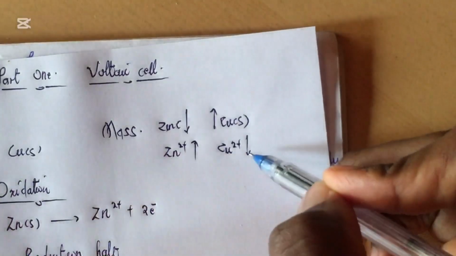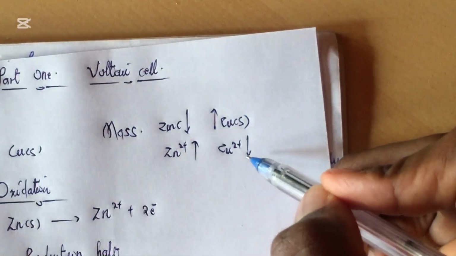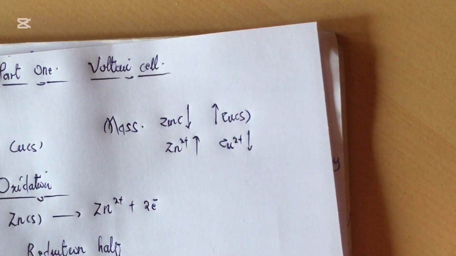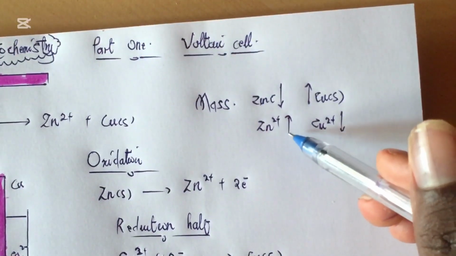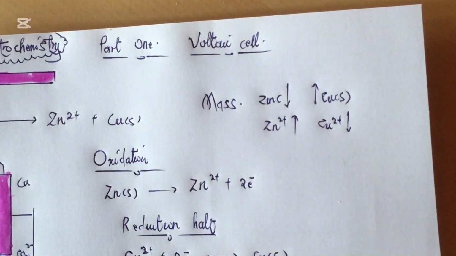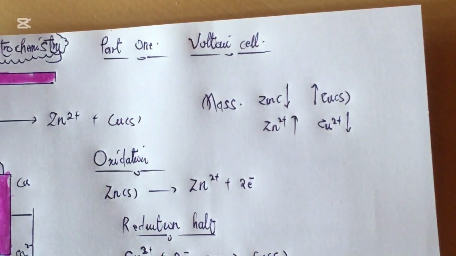So if this is the ion that is making the solution more violet, and it is decreasing in concentration, automatically the color will fade out. Whilst if this one is making the solution more reddish, the color of the solution will become more red, because the concentration of the zinc 2 plus is increasing.